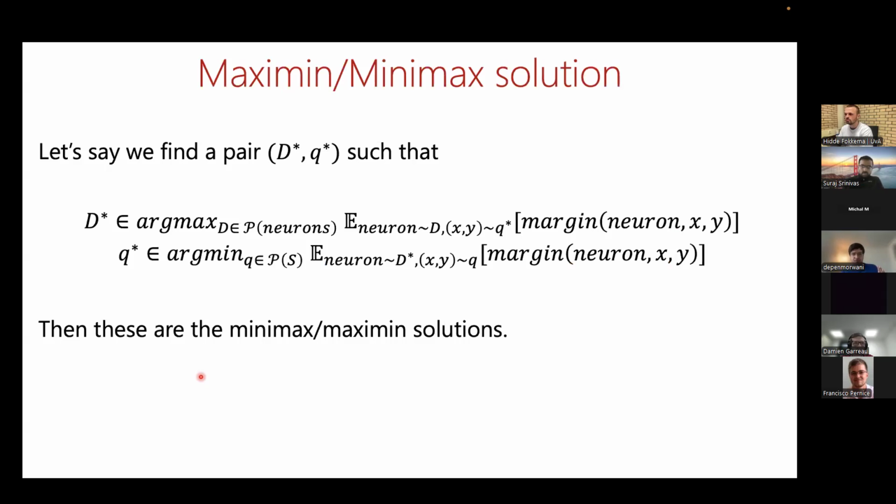There is a simple proof. I'm going to cover that in the next slide, but it basically shows that if we can find a pair like this, then these are the minimax or the maximin solutions. So this pair is going to be the main proving tool for finding explicit max margin solutions.